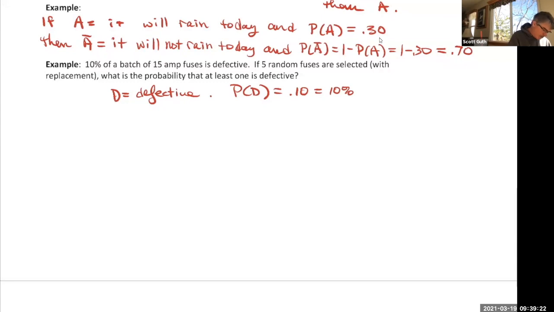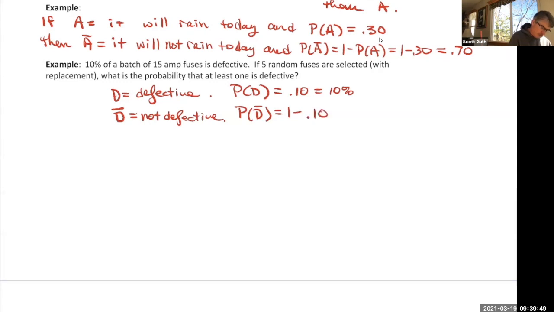If I do D with a bar over it, remember the bar is the complement, and all you have to do is put "not" in front of the word defective. The probability of D complement is 1 minus the probability of D. So I'll just say 1 minus 10%.